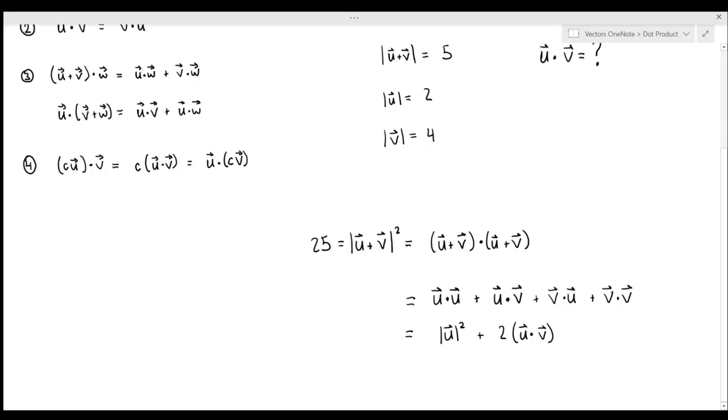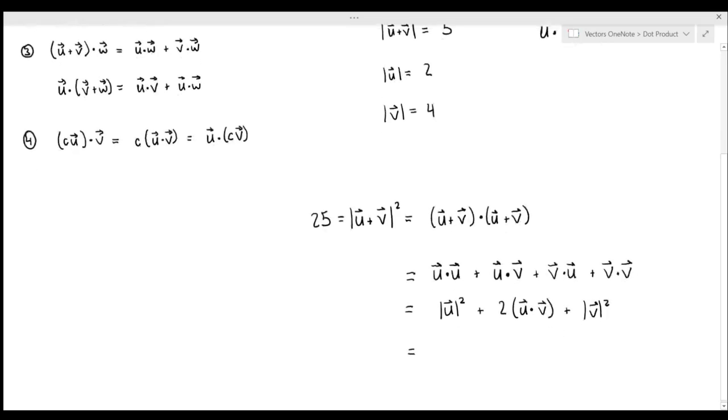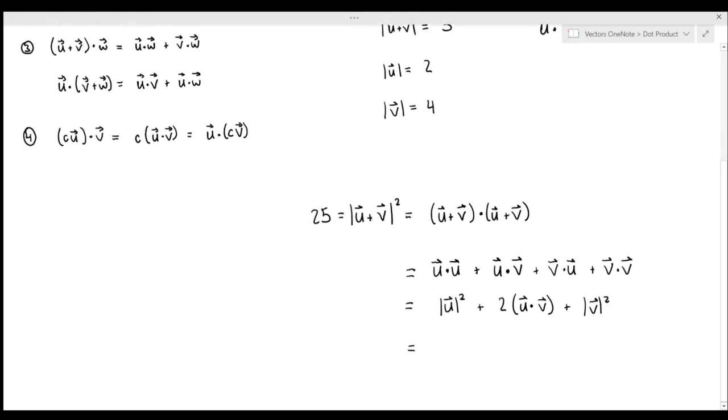And then likewise at the end, v dot v will give us the magnitude of v squared. Now we know the magnitude of u was 2, so this would be 2 squared is 4. And likewise, we know the magnitude of v is 4, so 4 squared will be 16.